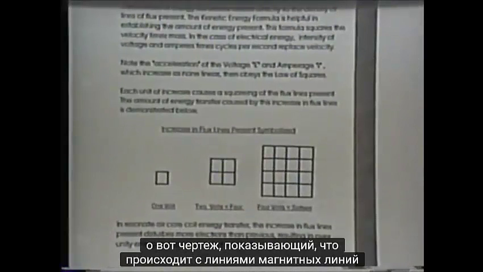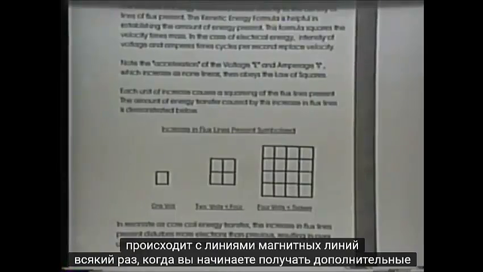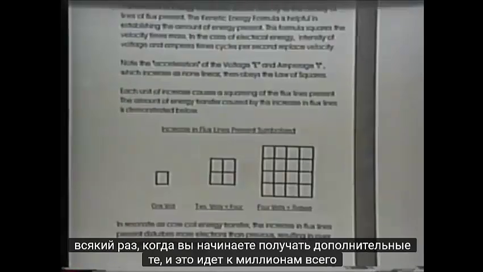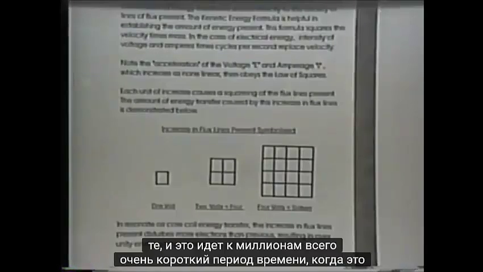We have all kinds of things to talk about. Here's a drawing showing what happens with the magnetic lines whenever you start getting additional ones. And it goes to millions in just a very short period of time. When that thing flips over very few times, it's into the millions of flux lines.